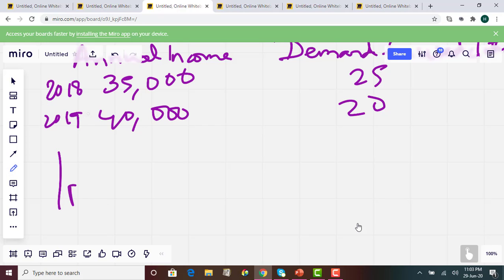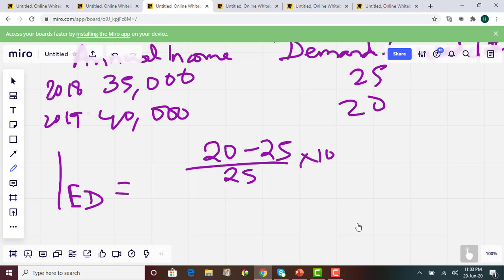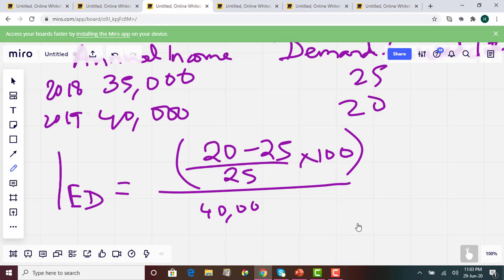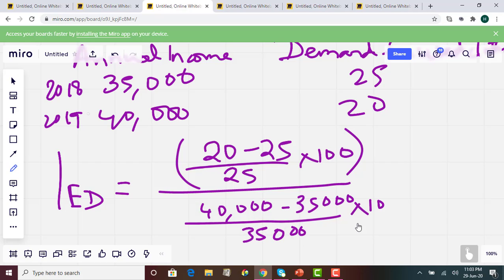So again, we calculate the income elasticity of demand. On top we will have the percentage change in quantity demanded. So this time it's going to be 20 minus 25 divided by 25 times 100. Then the whole thing is divided by 40 minus 35 divided by 35 times 100.